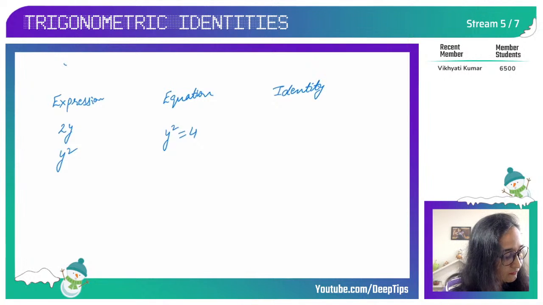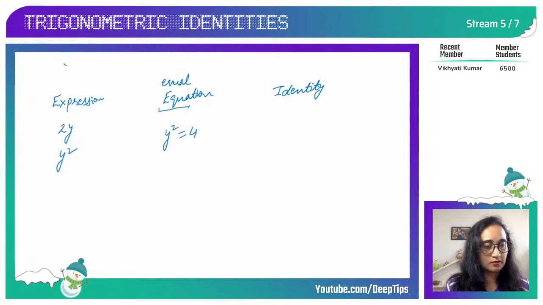You can very well see that there is the word equal in equation, or the equality sign. This equals sign written in the equation differentiates it from the expression. So when I put y square equals 4, this becomes an equation. That means this equation holds true for certain values of the variable.